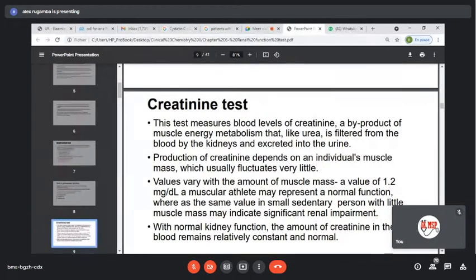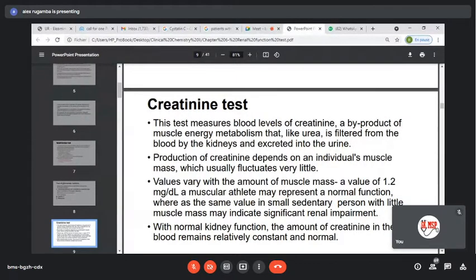That's why the reference ranges are different, because this depends on the muscle mass. For example, the reference range for a man will differ from the reference range for a baby because they don't have the same muscle mass.